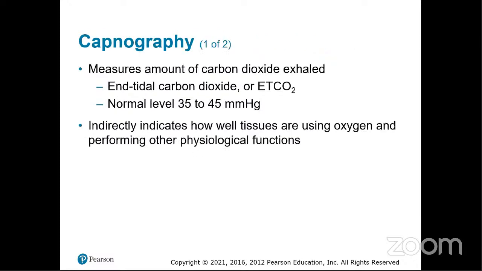The other one that's come along in the last 6 or 8 years, especially, is capnography. So it's the end tidal CO2. The way you'll see it in reports and on your monitors is EtCO2. Normal levels for it are 35 to 45.